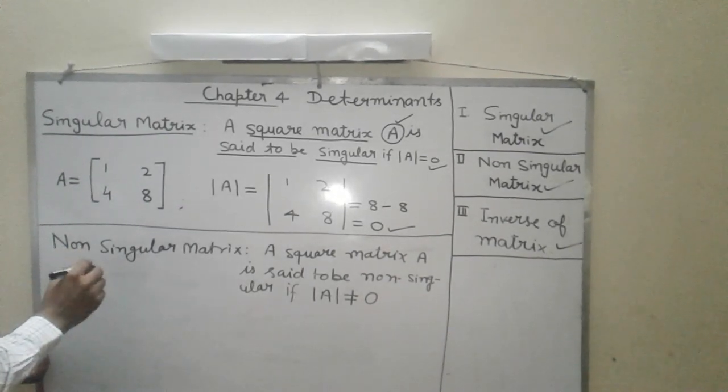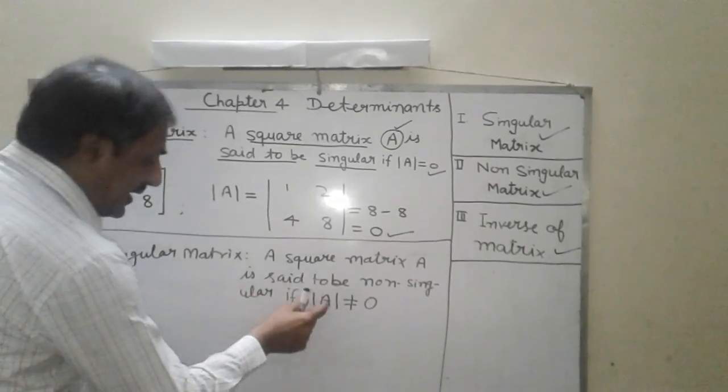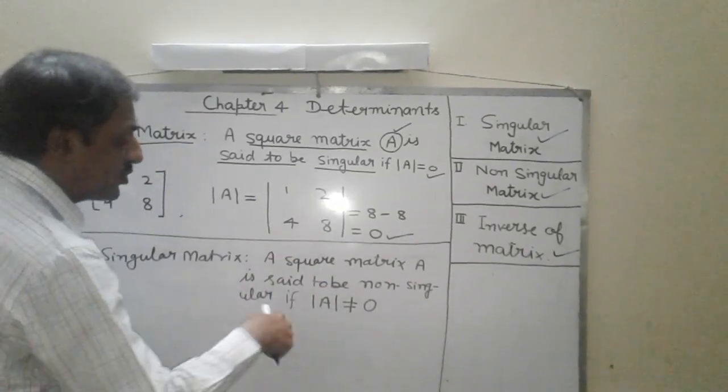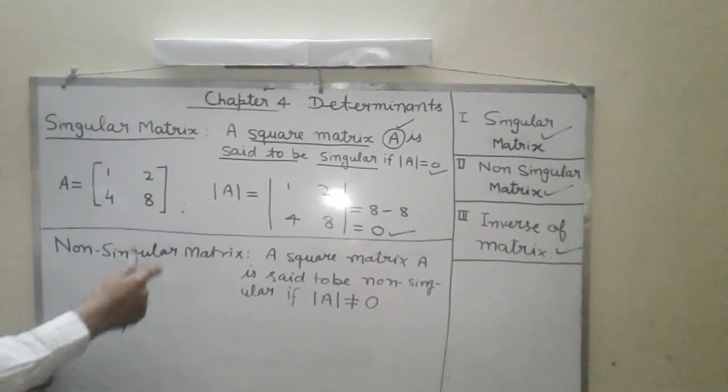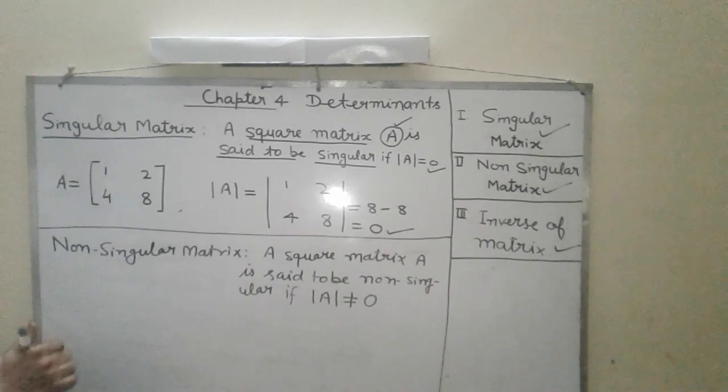According to the definition of non-singular matrix, if the value of the determinant of a given matrix is not equal to 0, then we can say that the given matrix will be a non-singular matrix.